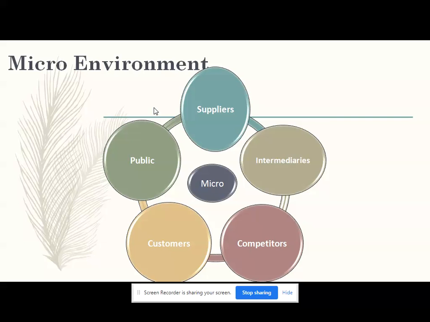Now we will see the last part, that is micro environment component number 5, that is public. Now what is public? According to Philip Kotler, companies must put their primary energy into effectively managing their relationship with their customers, distributors, and suppliers.